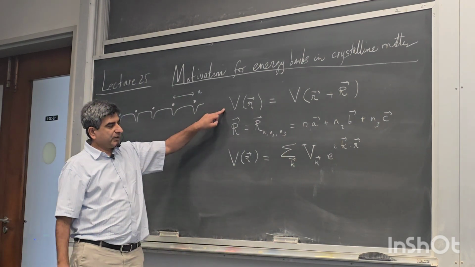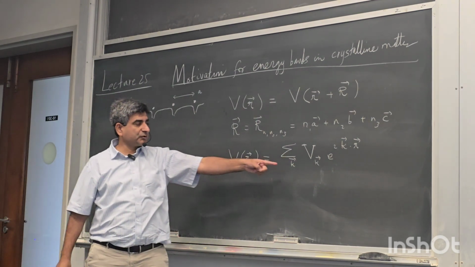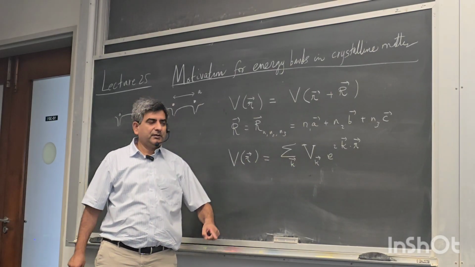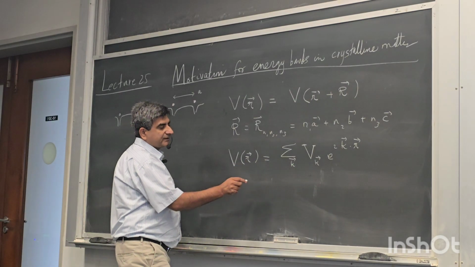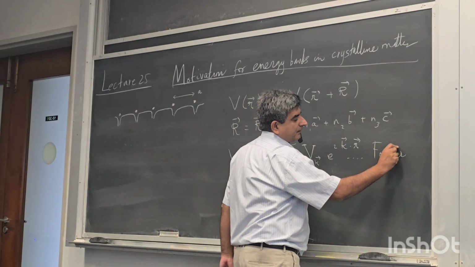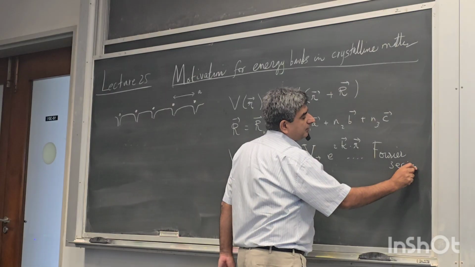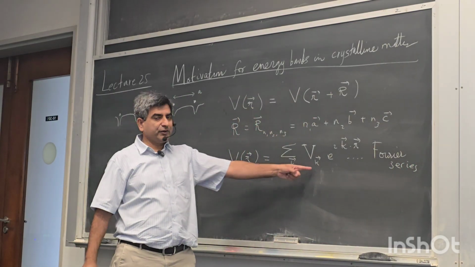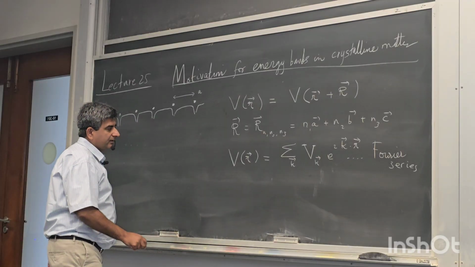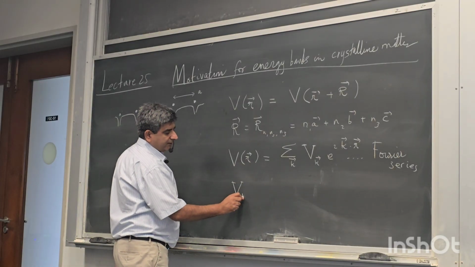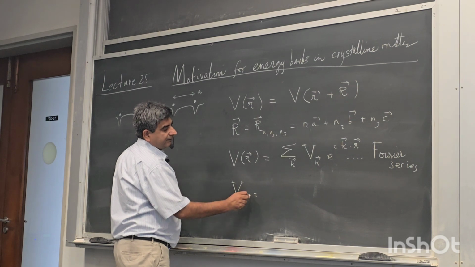So you can express the potential in terms of these Fourier coefficients, where each of these Fourier coefficients, so this is the Fourier series which is valid for a periodic potential, and there's a constraint on this k that I'm going to mention in a minute.